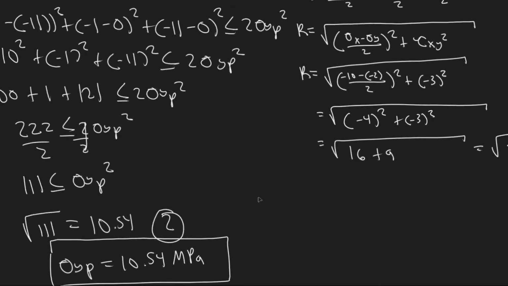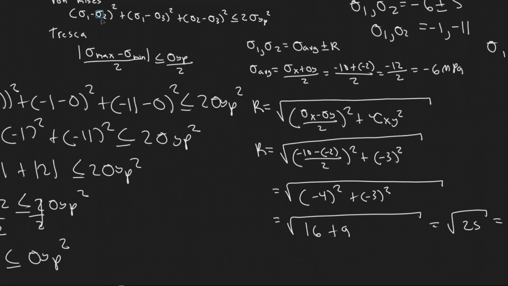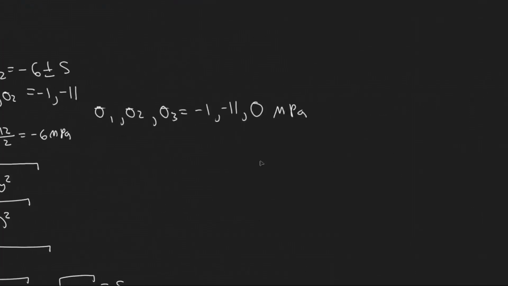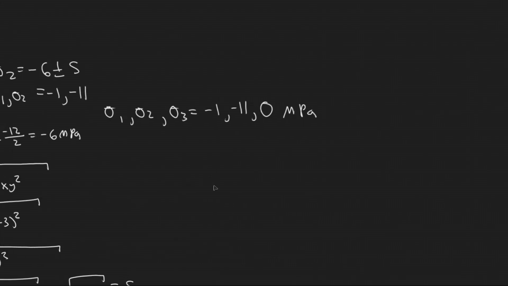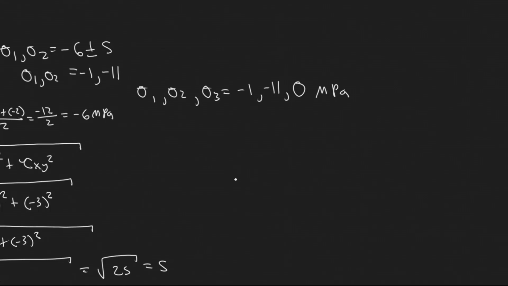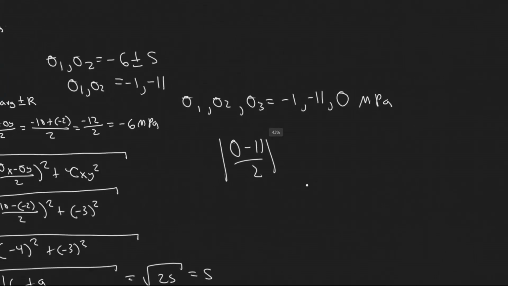And then now for the Tresca, it's once again just plugging it into the formula. So for this one, we don't have sigma 1 and 2 and 3, we have the max and the min. So what you want to do is just look at your values. So the max value here is 0, and the minimum value is -11. So those are going to be the values we choose. So you have max minus the min divided by 2. So 0 minus -11 over 2 is less than or equal to sigma yp over 2.